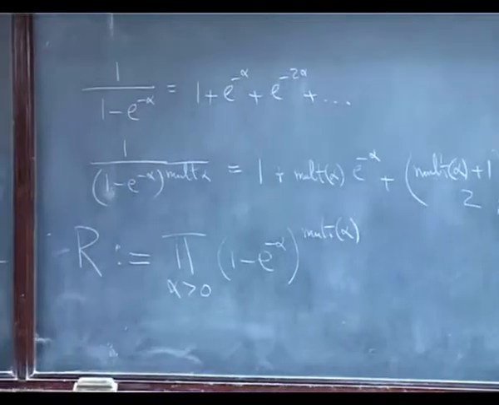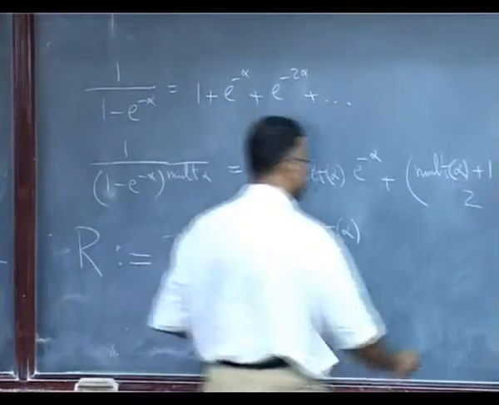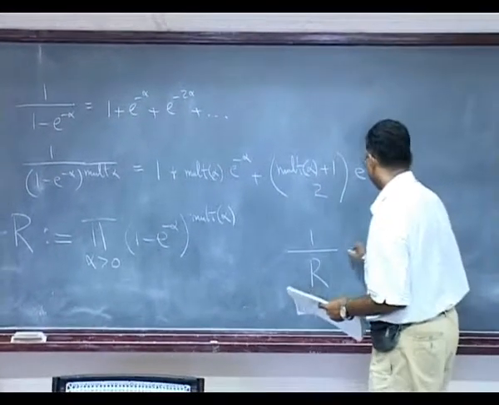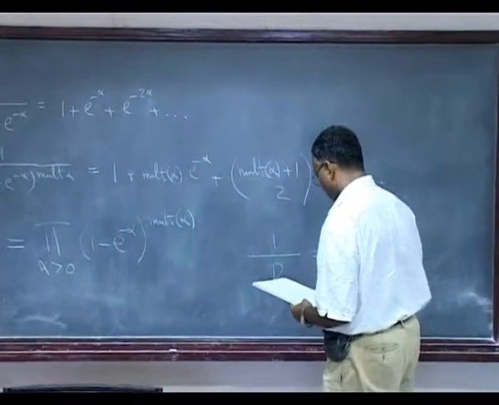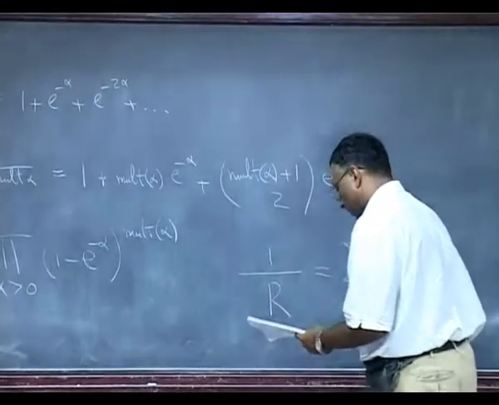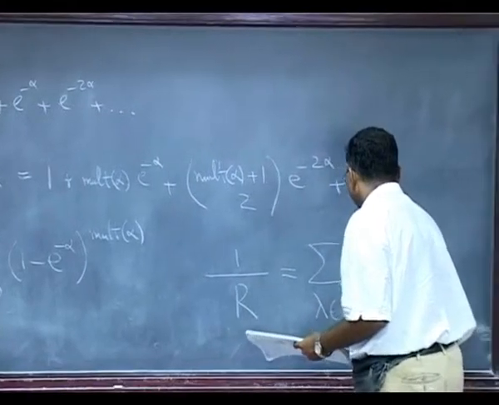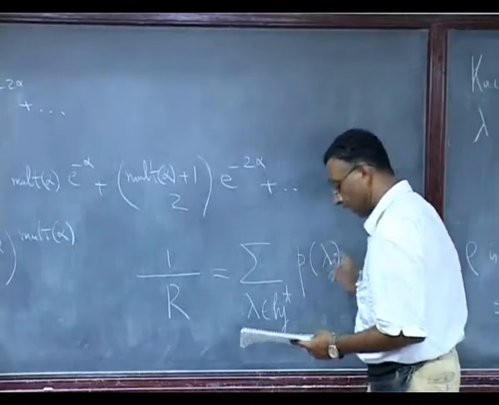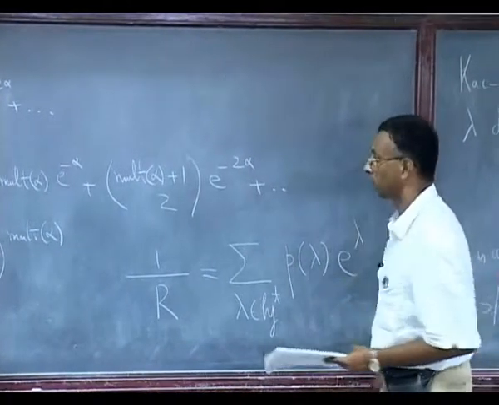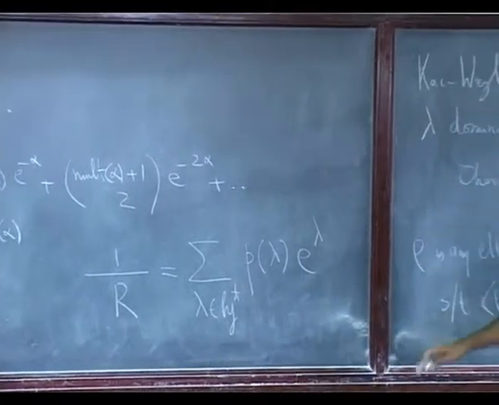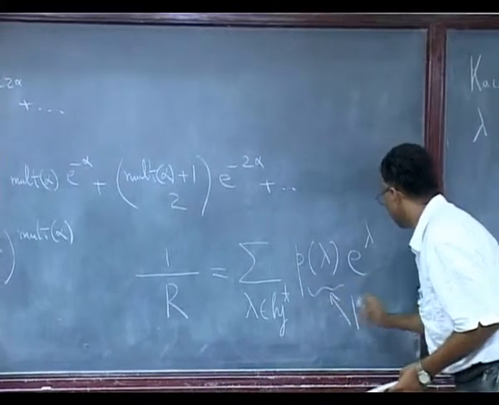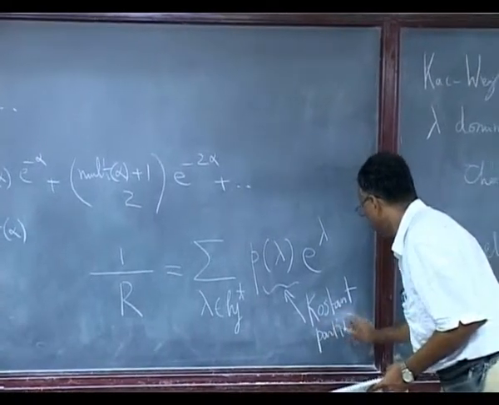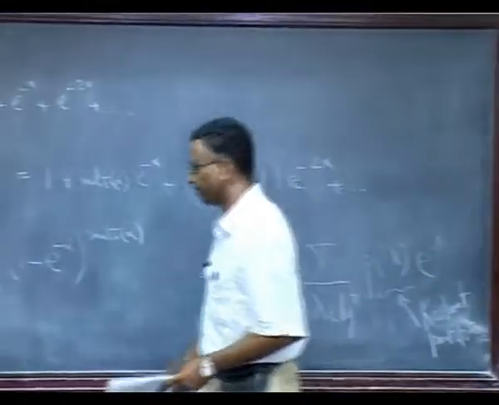Observe that 1 over 1 minus R is equal to, in the notation that Sendamare was using, small p lambda, E lambda. I'll use exponential and E interchangeably. So this was the constant partition function. That's one observation.